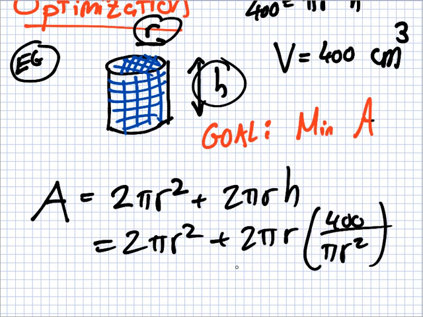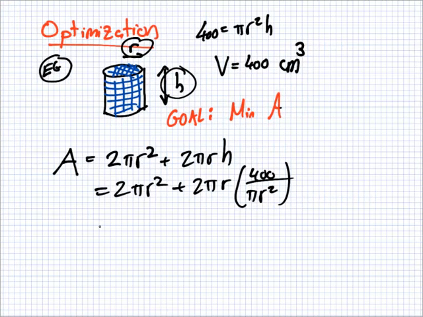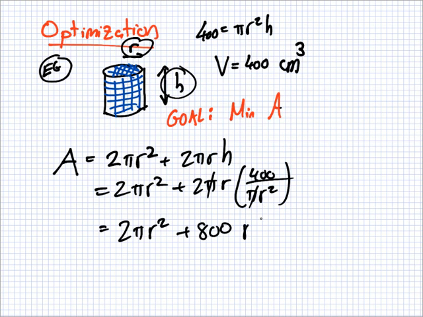Now let's clean that up a little bit. That will be 2 pi r squared plus 800, and what do I have? 1 over r. So that's r to the power minus 1 then. Okay, so here we have A is 2 pi r squared plus 800 r to the power minus 1.